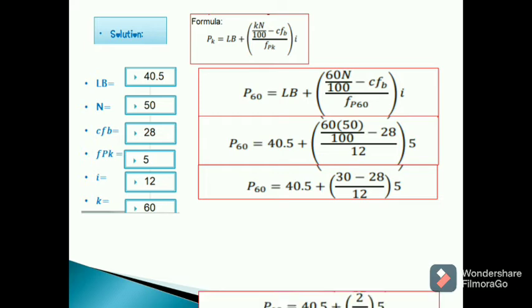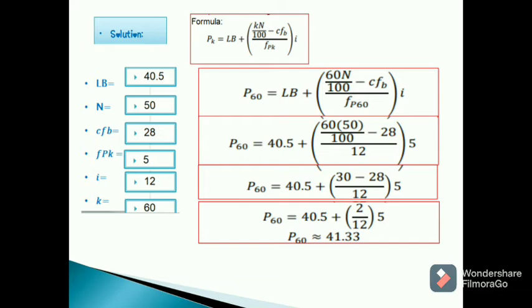And then 2 over 12 multiplied by 5 plus 40.5. So we got that P60 is approximately 41.33. This is not the exact value, but just an approximation.